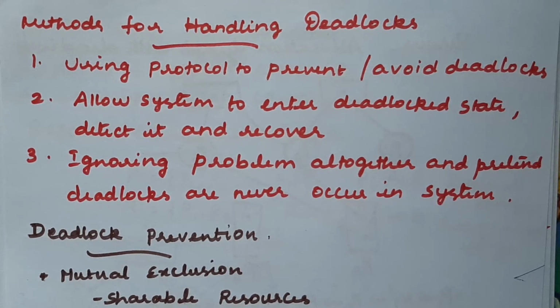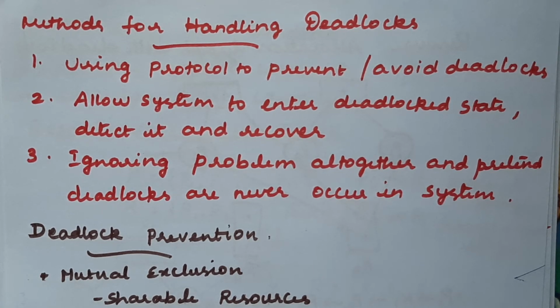We will discuss all those things. The third method is ignoring the problem altogether and pretending that deadlocks never occur in the system. Which means if you're not sure that deadlock will not occur in the system, suppose you have a situation where deadlock may occur, so we cannot confirm that deadlock will never occur. If you face that kind of situation, you should ignore that entire problem.